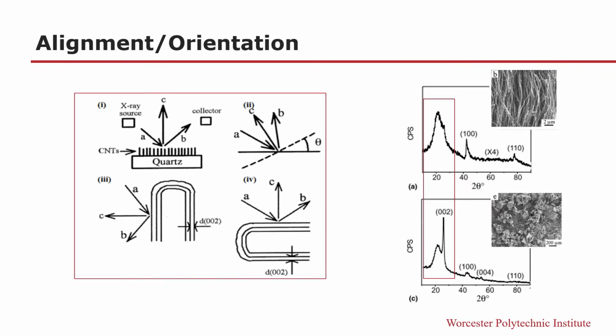Highly aligned carbon nanotubes are important for certain sensors and energy applications. X-ray diffraction is able to detect alignment of nanotubes due to the highly directional nature of their diffraction. For example, as the sample rotates, the incident beam will scatter downwards when it hits vertically aligned carbon nanotubes. However, when it hits horizontally aligned carbon nanotubes, the beam will scatter upwards.